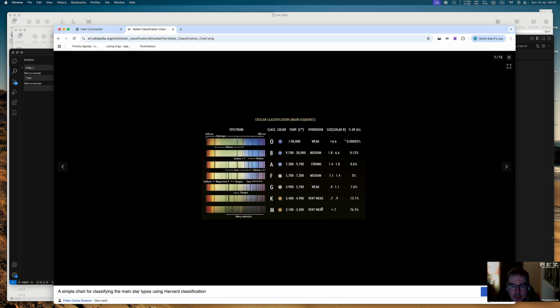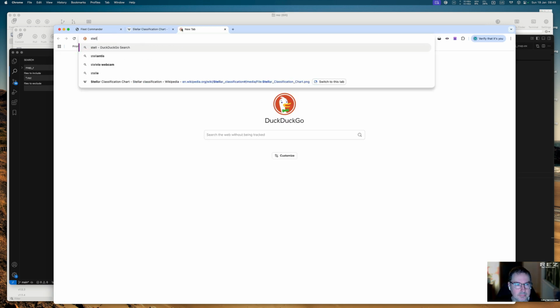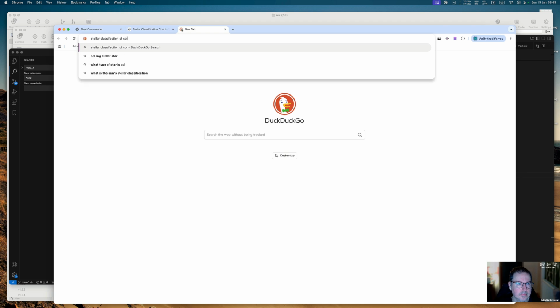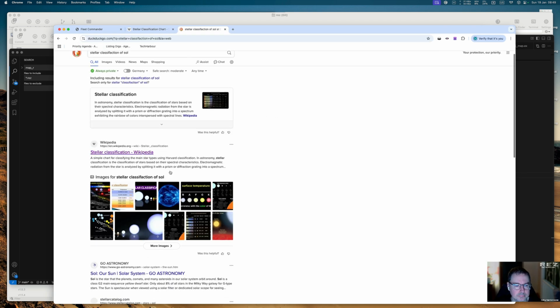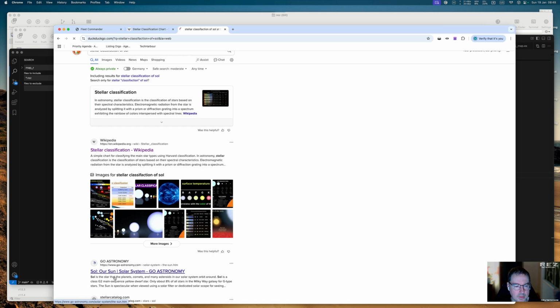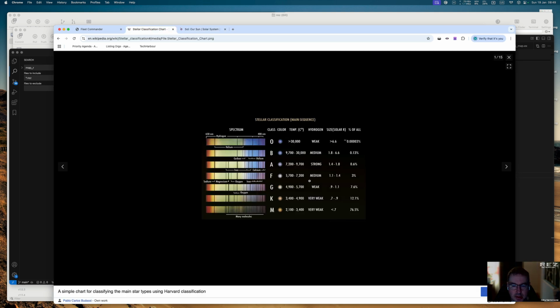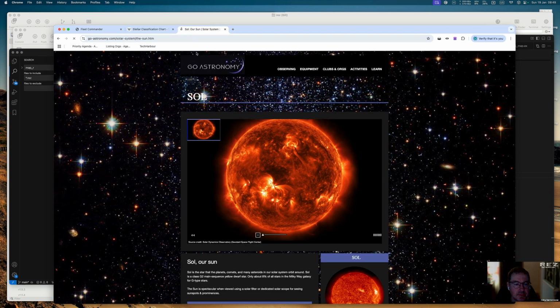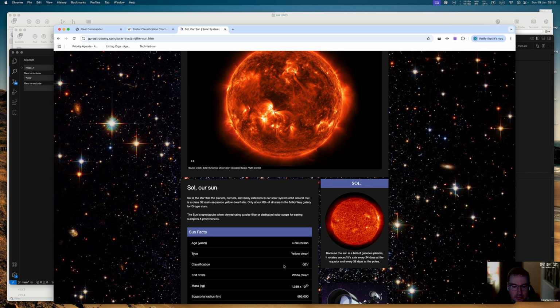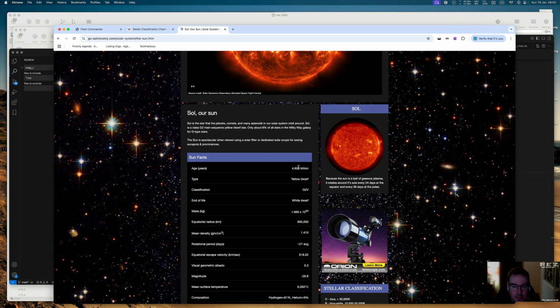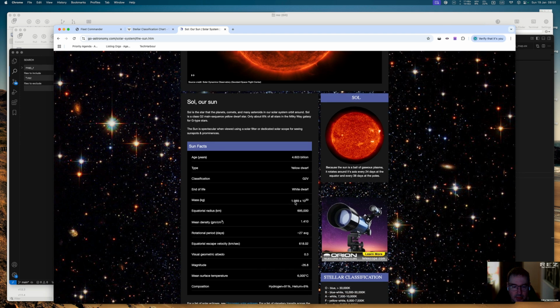I don't really know what this is doing. Size, solar R. What kind of star? G2 main sequence yellow dwarf star. So G here, 2 is... goodness me, the sun is old.